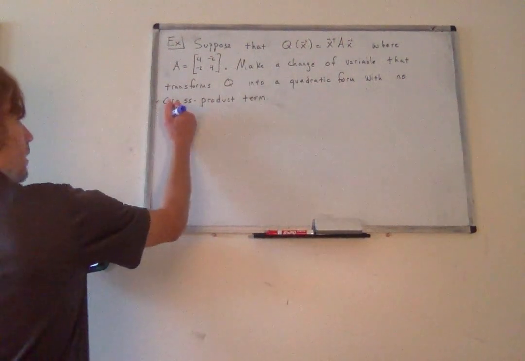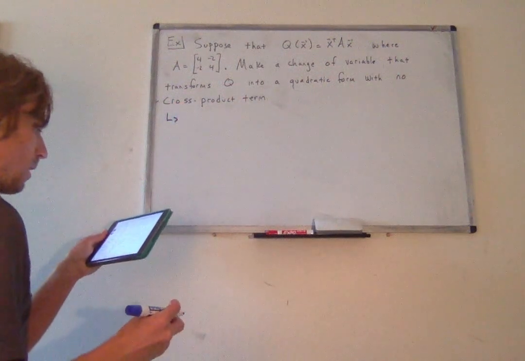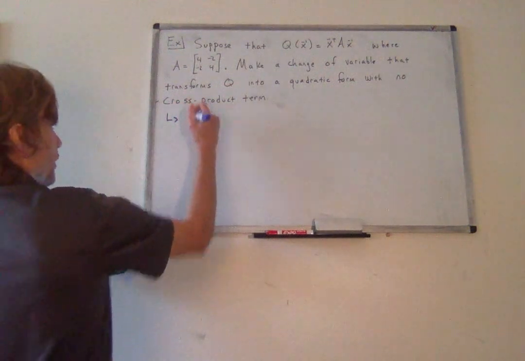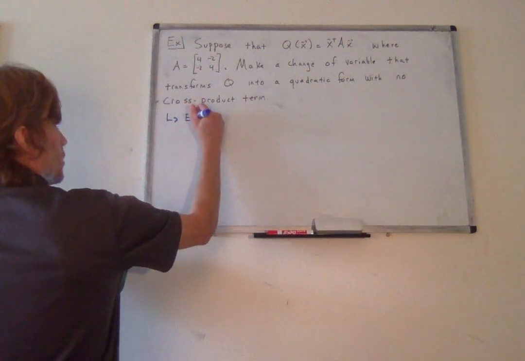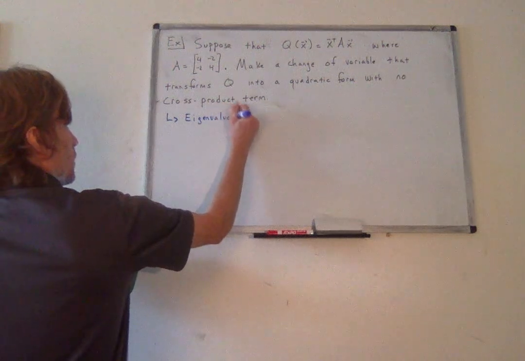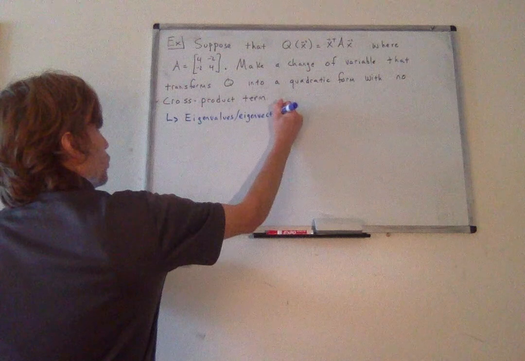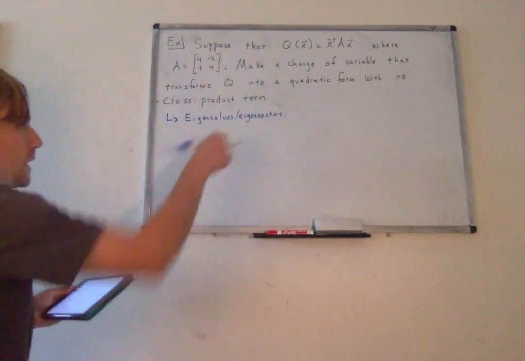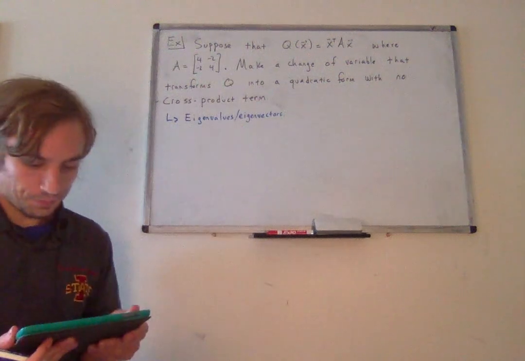So for the sake of time, I will just give you the eigenvalues and eigenvectors of A. And always with this, if you do want to see a full solution for finding these, let me know, and I can certainly send one to you.